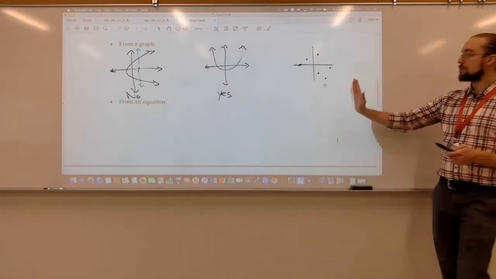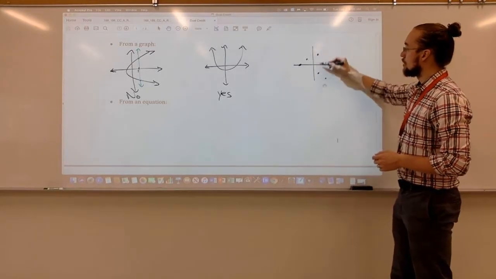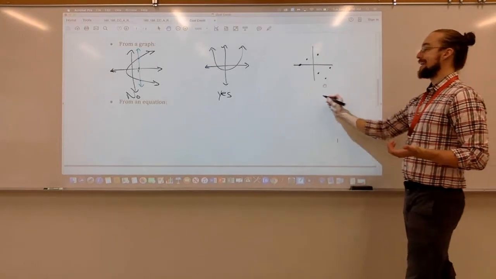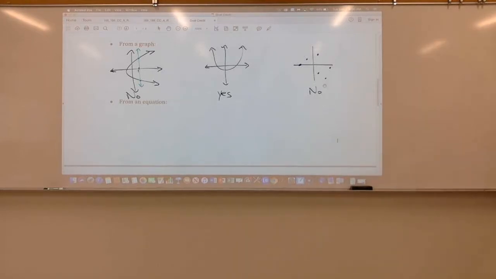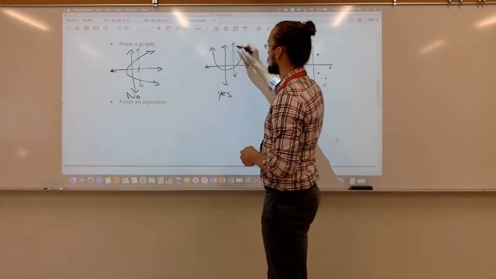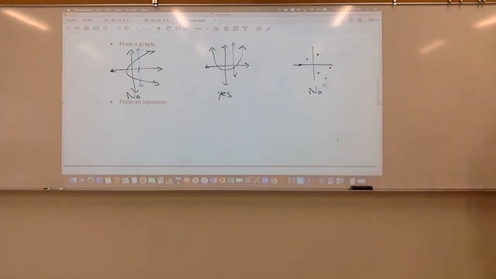It appears that these 2 points do. If I draw a vertical line, I would hit 2 coordinate points. Therefore, this is not a function. So we want to test to see if something passes the vertical line test to see whether it is a function or not. You okay with that one?